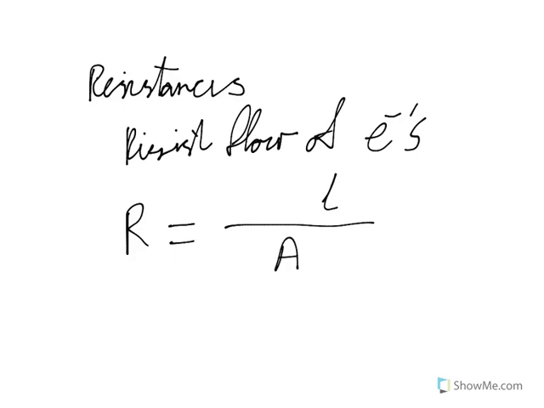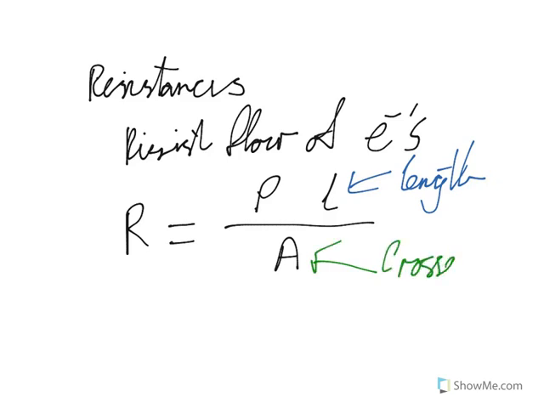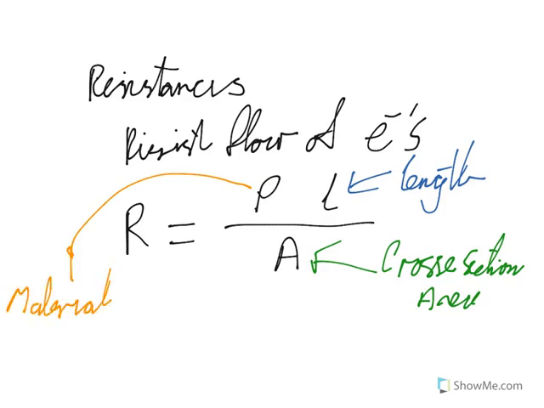Secondly, the cross-sectional area. And thirdly, this thing which depends on the material, and it's called resistivity. So that's the length. So if it's a wire or something, the length, that's your cross-sectional area. And then this thing relates to the material, resistivity, it's called.